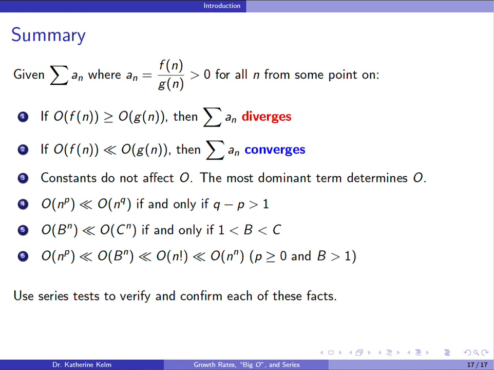And finally, big O of n to the p is sufficiently smaller than big O of b to the n, which is sufficiently smaller than big O of n factorial, which in turn is sufficiently smaller than big O of n to the n. You can use series tests to verify and confirm each of these facts.